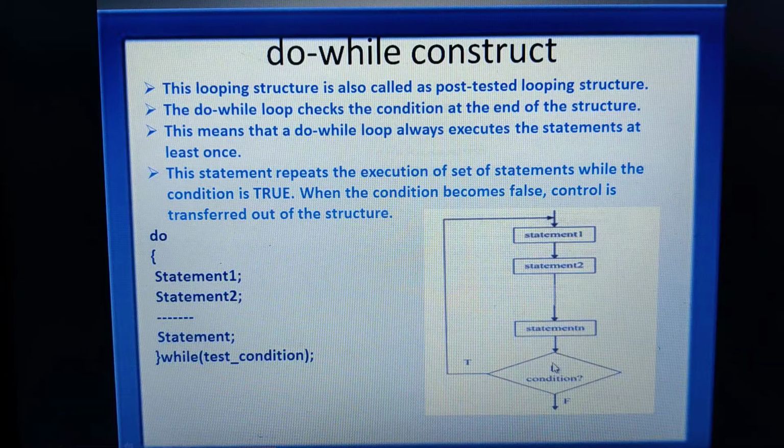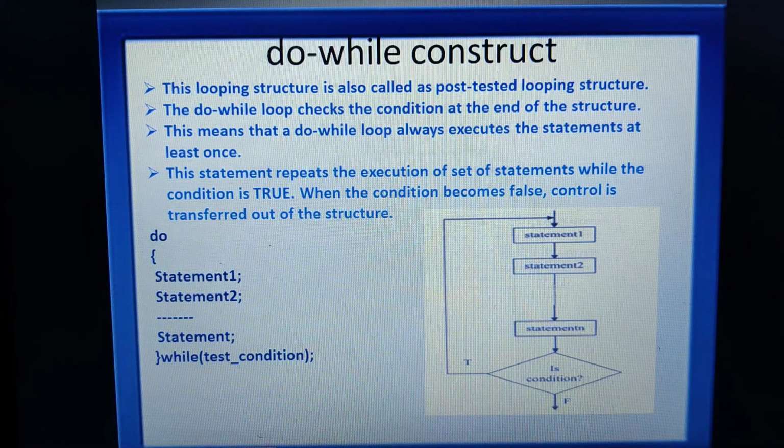Then at the fag end you check the condition. If it is true, again the repetition takes place and these statements are repeated. Again the test condition is checked; if it is true, again the repetition. Once this condition becomes false, the control joins the next statement.